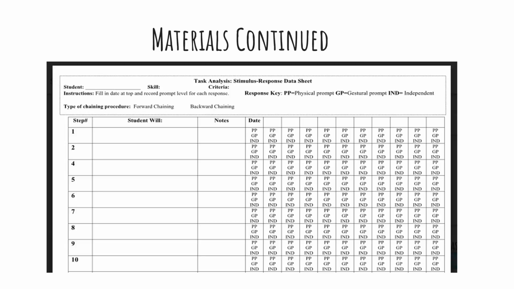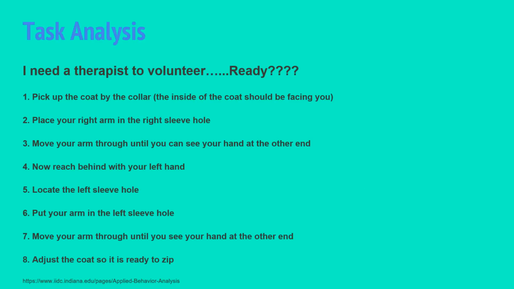Under the Steps column, you would write down the steps of the task analysis, and on the right, you would put in the date of the skill being taught, and circle which type of prompt was needed. If your criteria was 5 consecutive days independently, you could circle independent 5 days in a row, and then you can mark that skill mastered and move on to the next skill being taught.